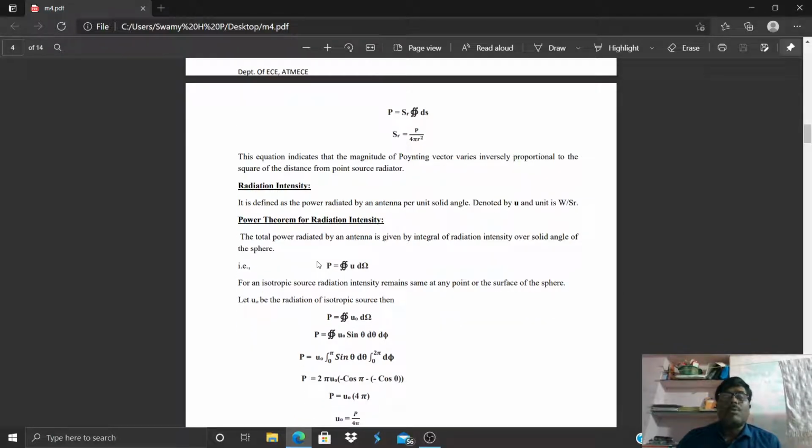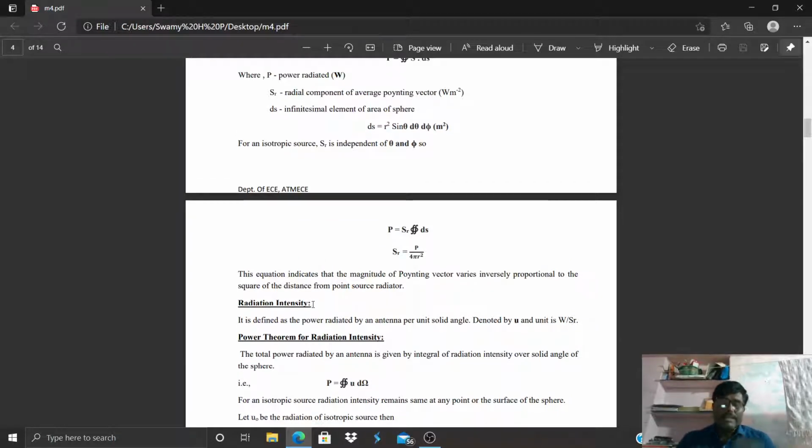So now the power theorem is used for... wait one second. Now radiation intensity. It is defined as the power radiated by the antenna per unit solid angle. Radiation intensity, you defined in the first chapter. It is denoted by U, and its unit is watts per steradian, meaning square radians.